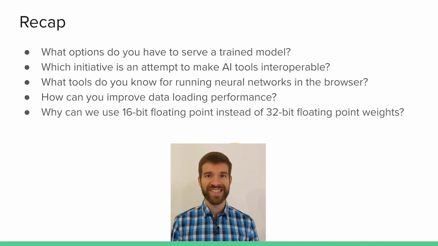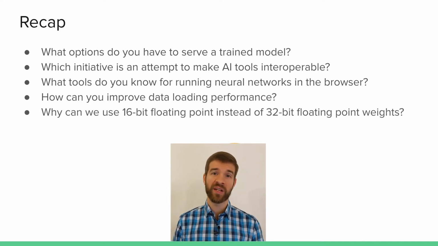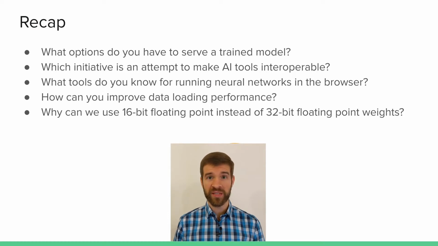Why can we use 16-bit floating points instead of 32-bit floating point weights for our neural networks? The answer is that most of the time we don't need those very large values that 32-bit floating points give us, or even sometimes 64-bit. Neither do we need the precision that they give us.